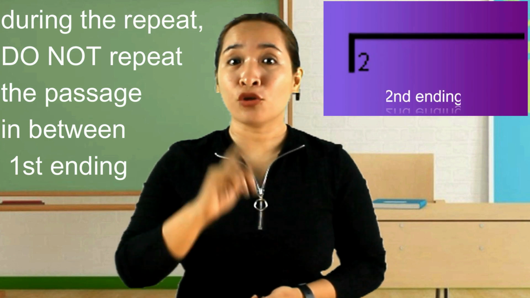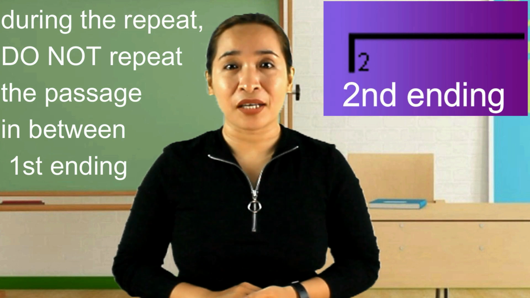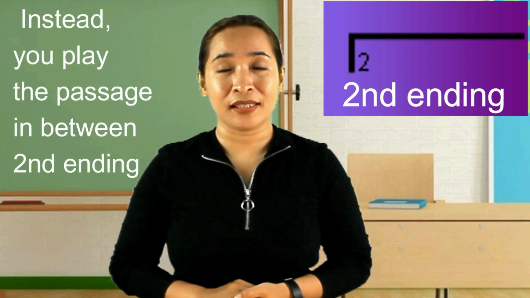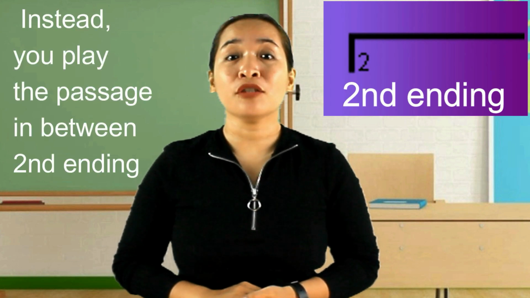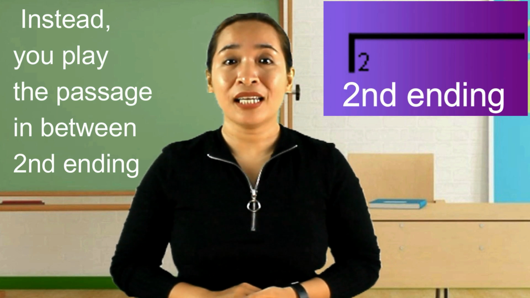And for the second ending, it means during the repeat, you are not going to repeat the passage in the first ending. Instead, you're going to perform the passage in the second ending.